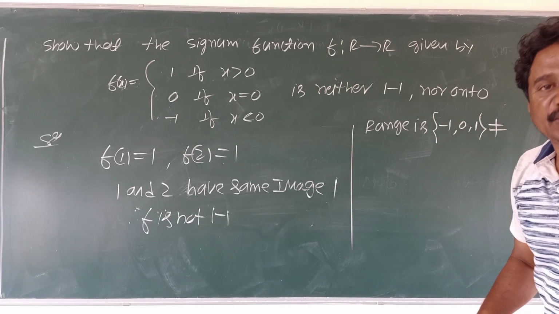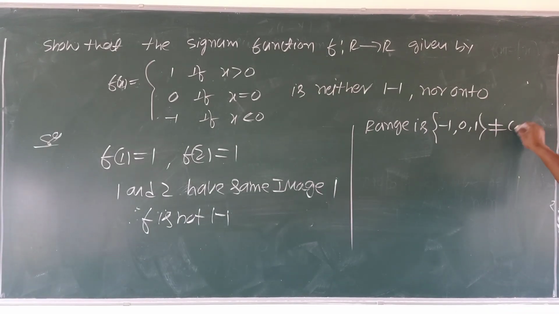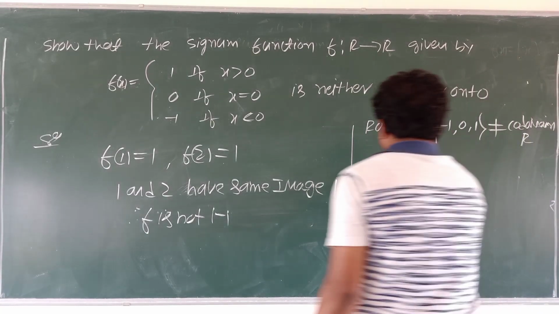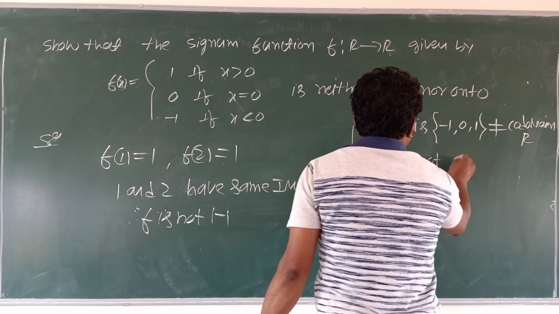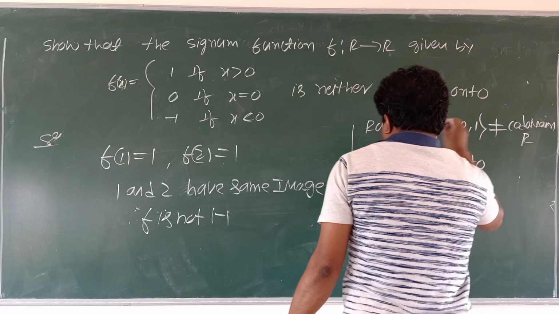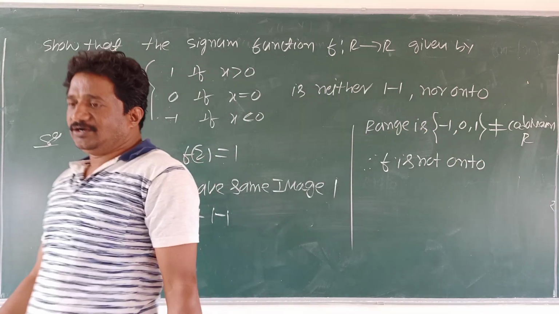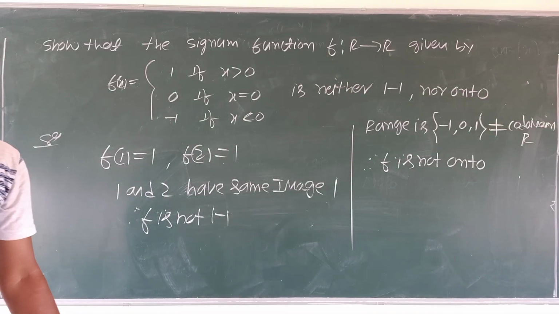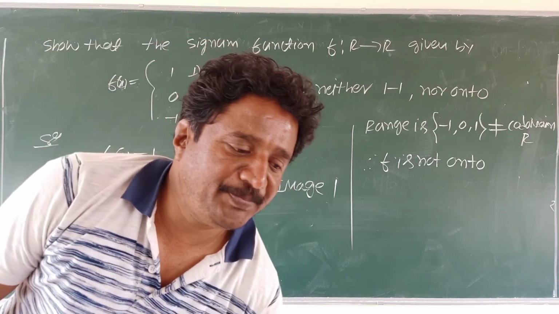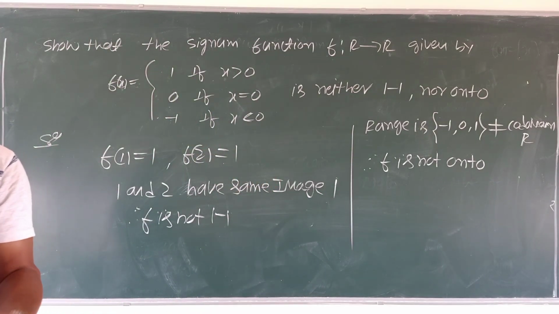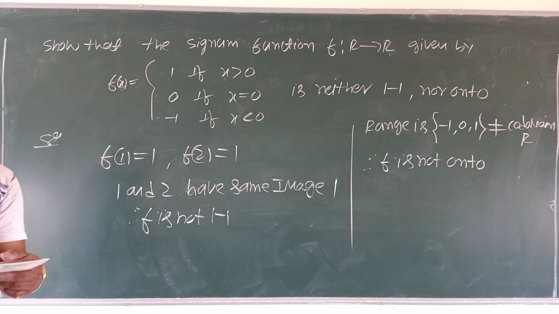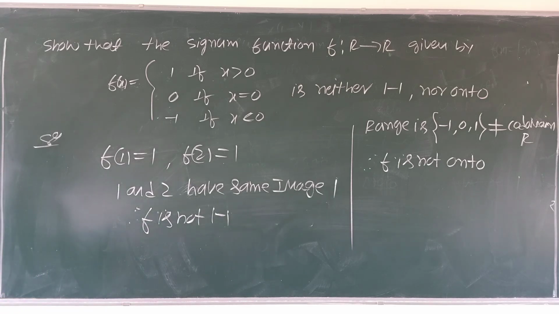Not equal to the codomain. Therefore f is not onto. It is neither one-one nor onto. I hope you understood, students. So let's go for one more concept. Let us move on to the next concept.